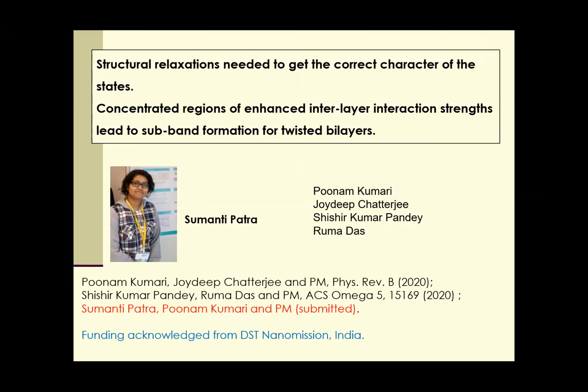Second, the concentrated regions of enhanced interlayer interactions lead to the subband formation for twisted bilayers. Although these calculations were carried out at the level of GGA, which includes correlations in a very mean field way, and not even the orbital dependence.